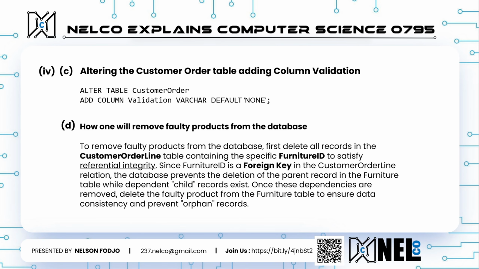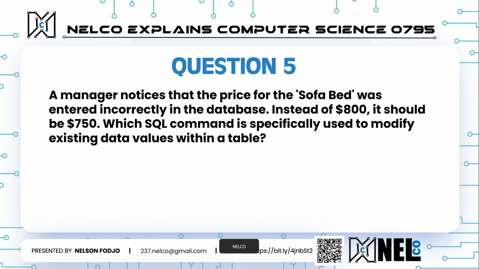Once these dependencies are removed, we are going to delete the product from the furniture table and ensure data consistency and prevent orphan records. So if you understood the linkages, you can't delete a particular record in a table when that record is being used in another table. You make sure that you first delete from that other table, the child one, before coming to delete in the parent.